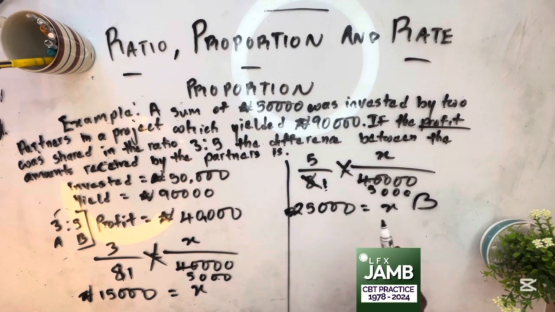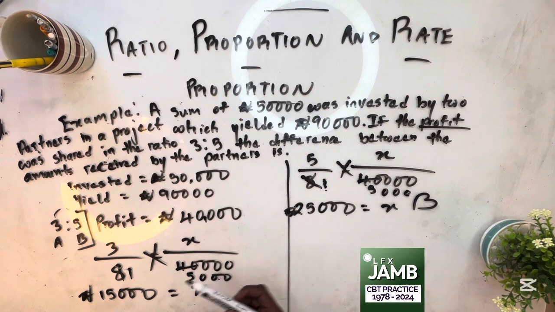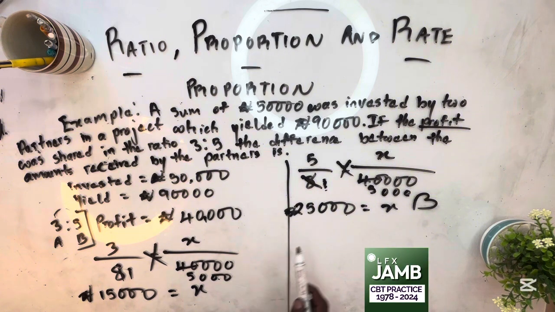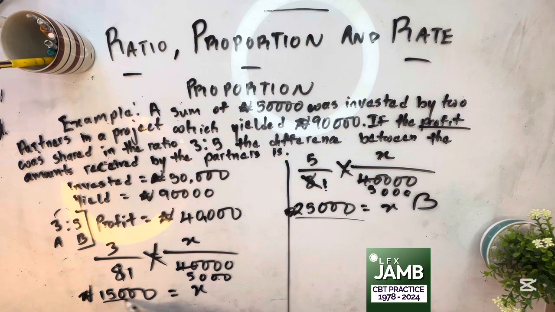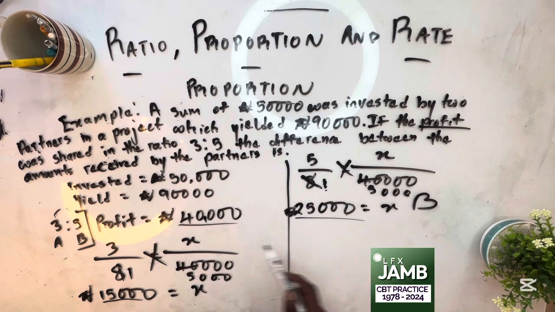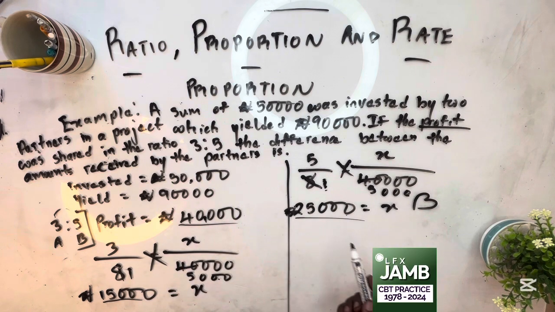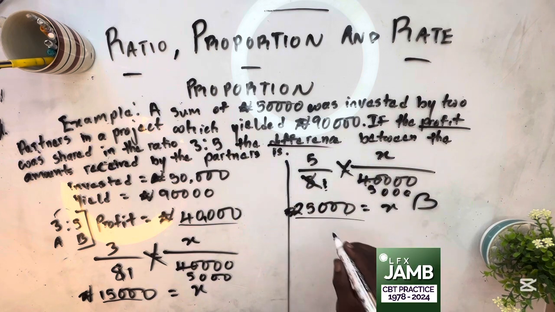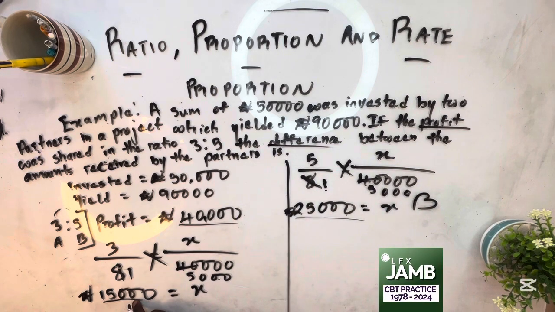Now the question doesn't end here, because in most exam questions they will set answers. I can see the options of that question. I can see 25 there, I can see 15 there, I can see 40 there. Most students would have chosen among these because they don't understand the question. The question says the difference. The difference is subtracting 15,000 from 25,000.